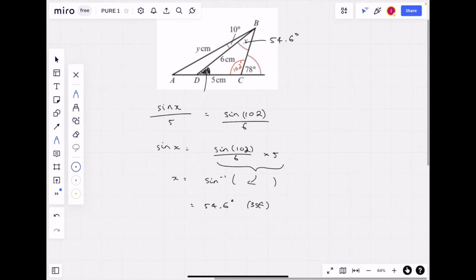What would that be equal to? That one is going to be the result of 180 minus 102 minus 54.6, which is 23.4. Because we worked that out, we can now work that out by doing 180 minus that. So 156.6.